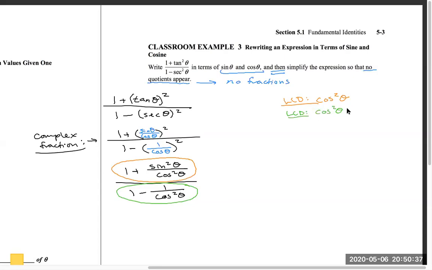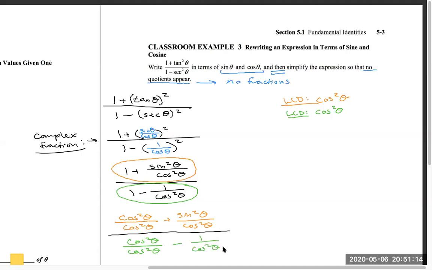It's not always the case though. So remember here, you're going to take 1, and that's going to become cosine squared theta over cosine squared theta. You're still adding sine squared theta over cosine squared theta. And then dividing all that by, change the 1 into cosine squared theta over cosine squared theta, subtract 1 minus cosine squared theta.